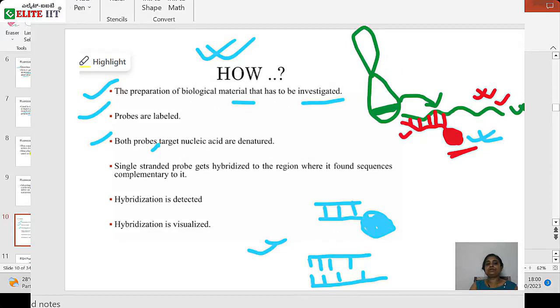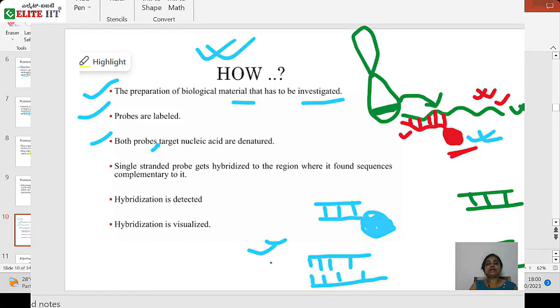Your gene of interest or DNA of interest is initially double stranded DNA, but you have to denature the sample too. Then only, in the next step, you mix them together so that they can make a hybrid.